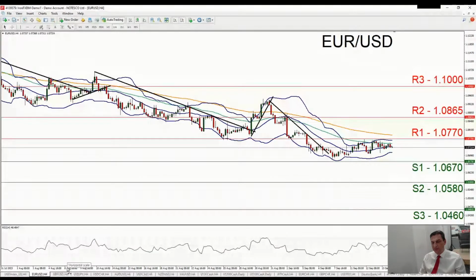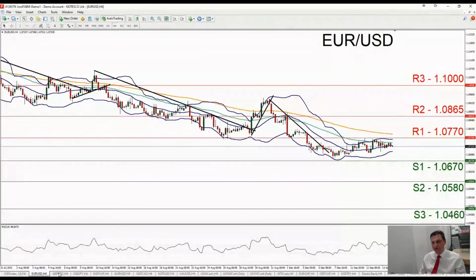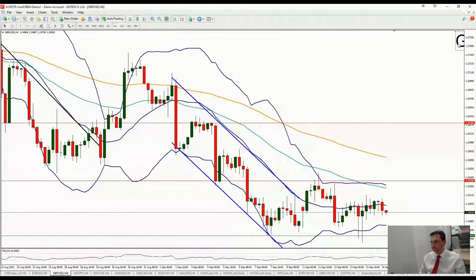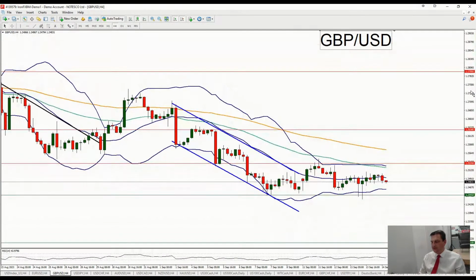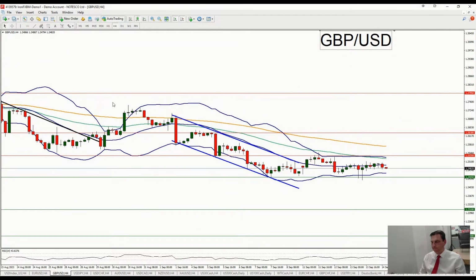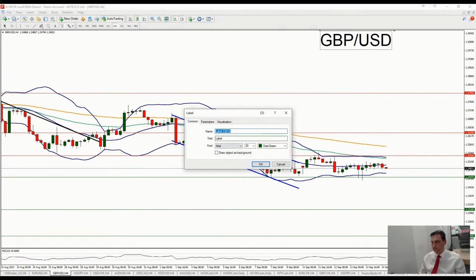Okay, let's have a look at GBP/USD, showing a similar picture. Let's place the labels. Starting with the S3 at 1.22.